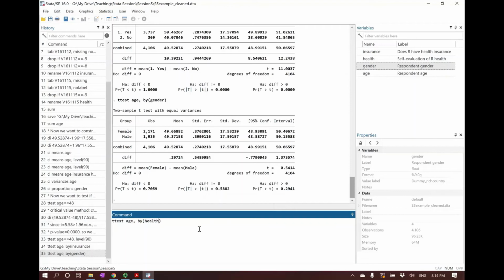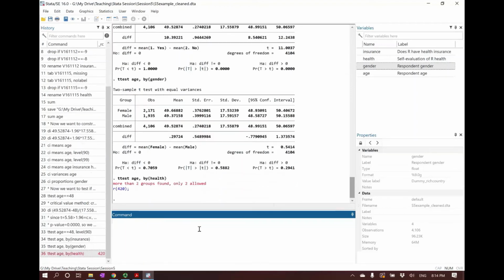If you click enter, you're going to see an error message, more than 2 groups found, only 2 allowed, right? So if you still want to test that, you need to find a way to regroup your health status and create a binary variable, right?